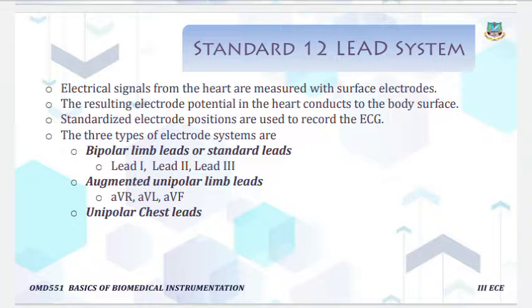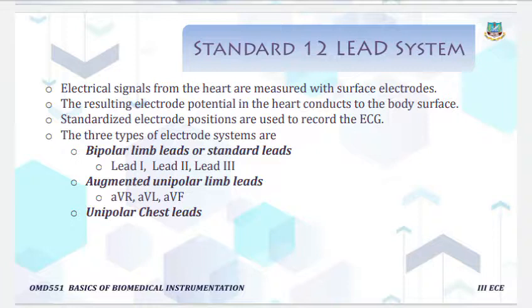The three types of electrode system. In this standard 12 lead system, we are studying three types. As the name says, there will be 12 leads in total. In the bipolar limb lead or standard lead system, there are three: lead 1, lead 2, lead 3.